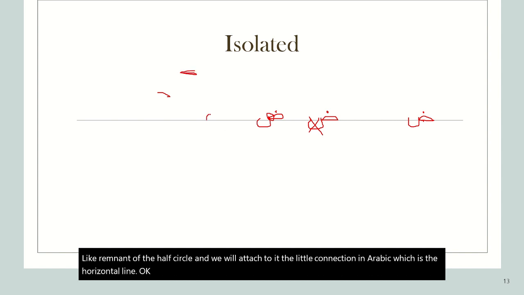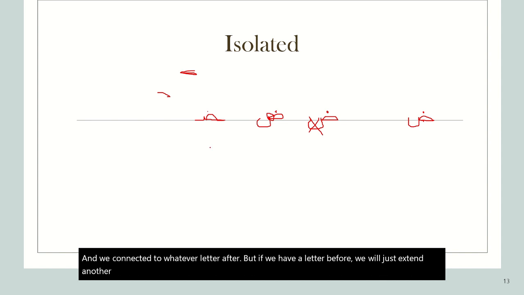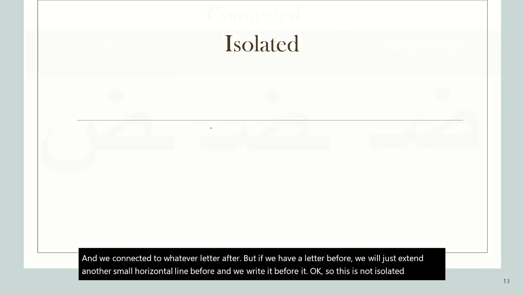Okay, so connected, it would be like this. Okay, and we connect it to whatever letter after. But if we have a letter before, we will just extend another small horizontal line before, and we write it before it. Okay, so this is Daad, isolated and connected.